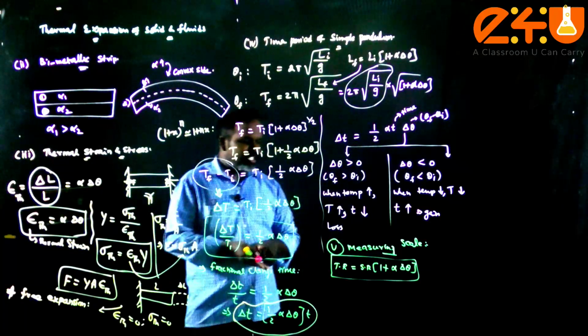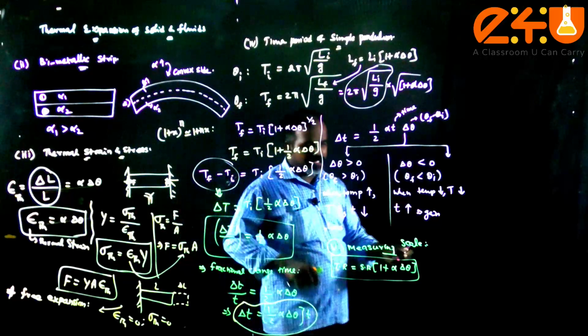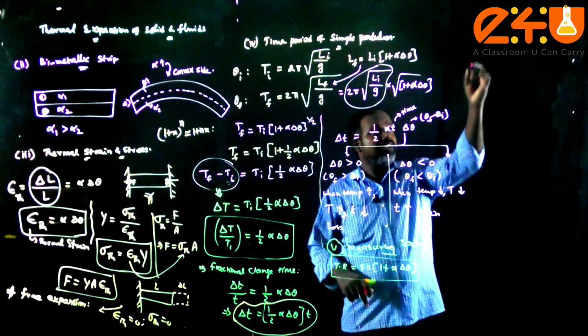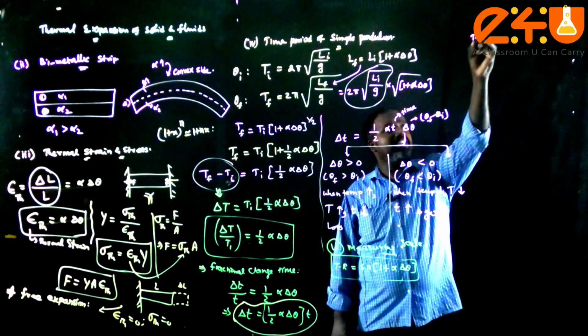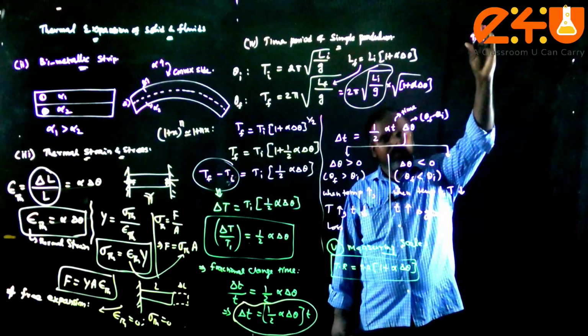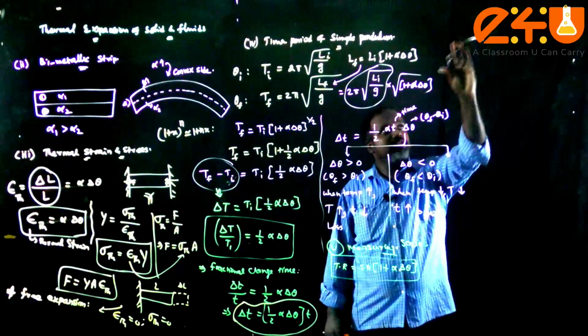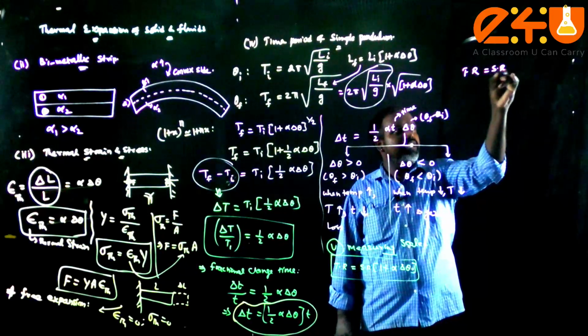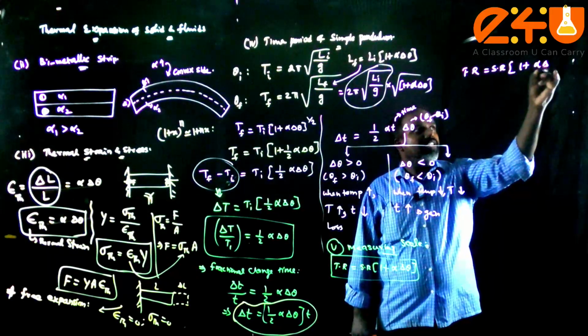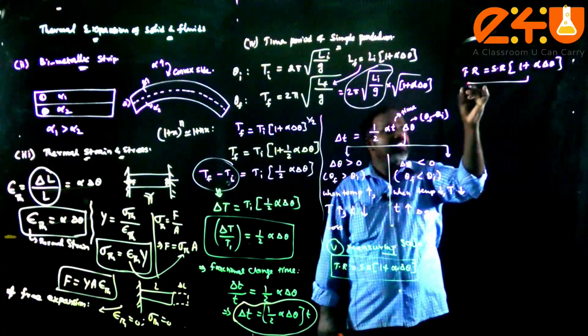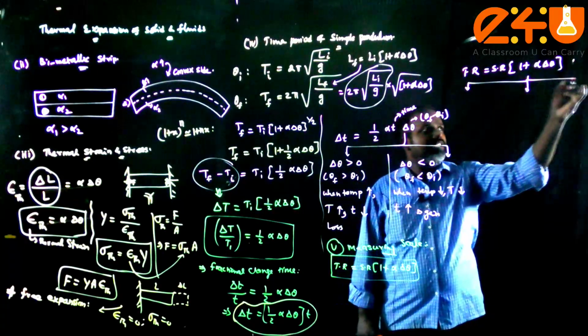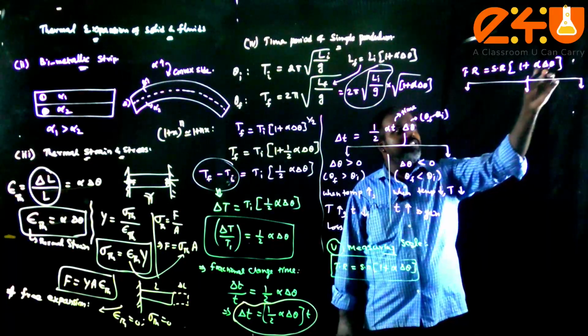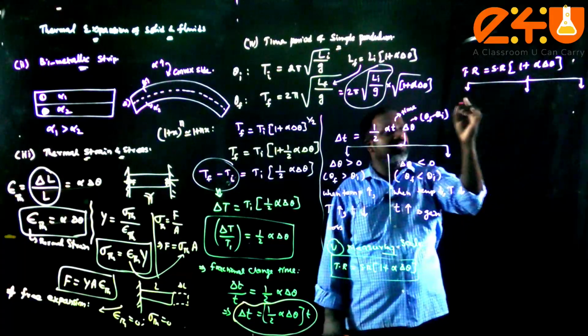Again here there are 3 possible situations. True reading is equal to scale reading into 1 plus alpha into delta theta. Just take the 3 cases here, since this term depends on delta theta.